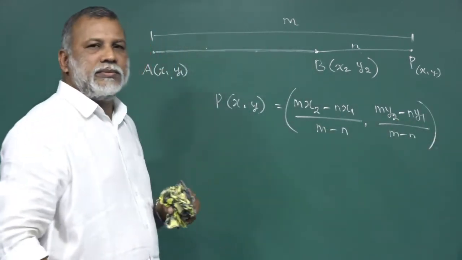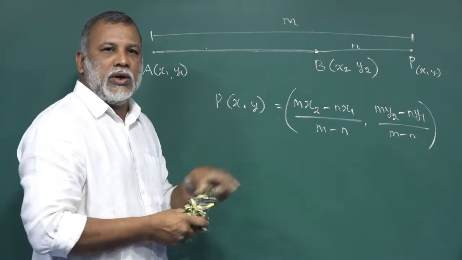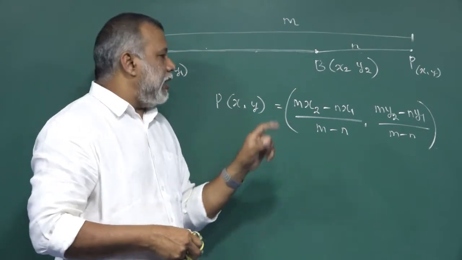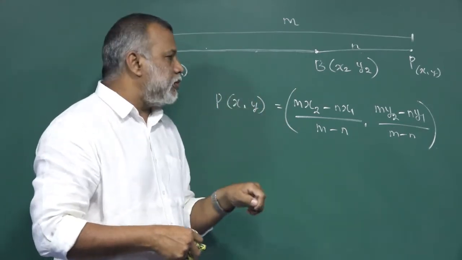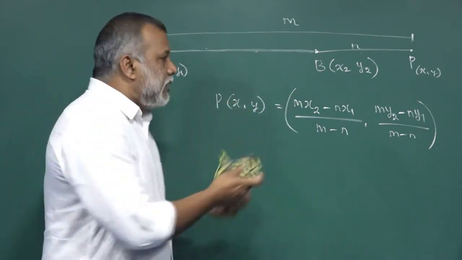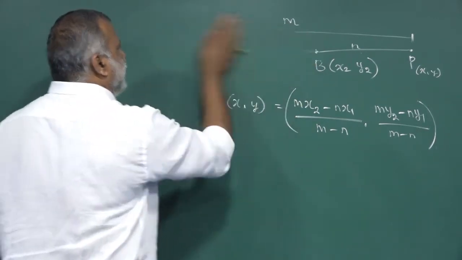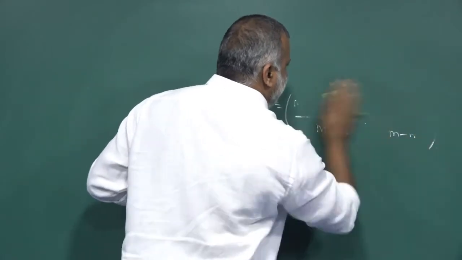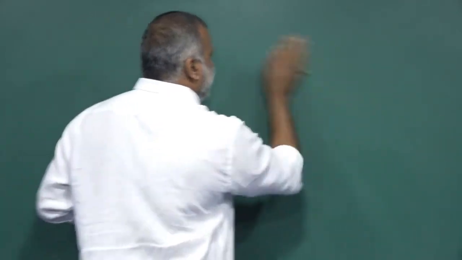This is the result. How is it derived? Now we are going to work out the logic. In the previous video, we discussed internally. Now we are discussing externally. See this in your diagrammatic explanation. We need a diagram for this.